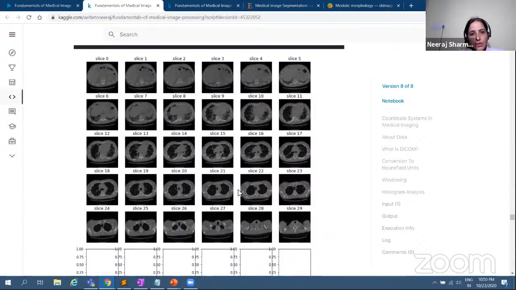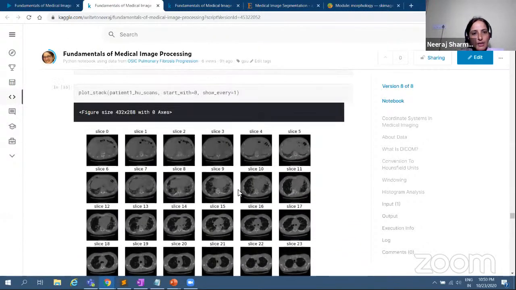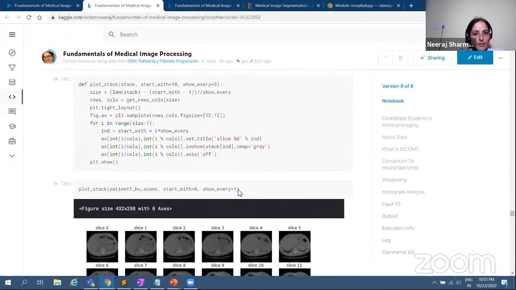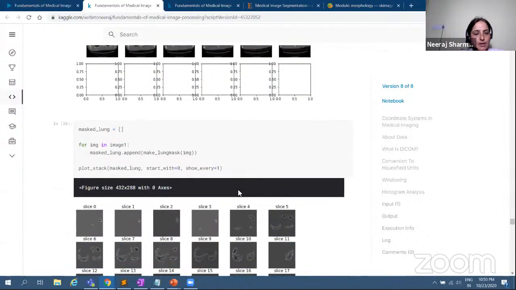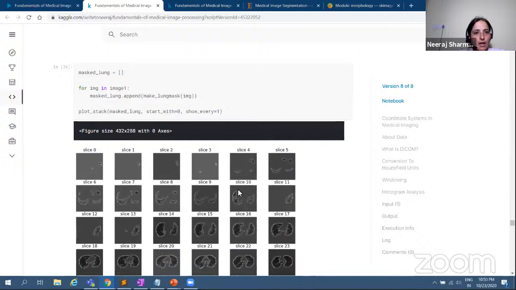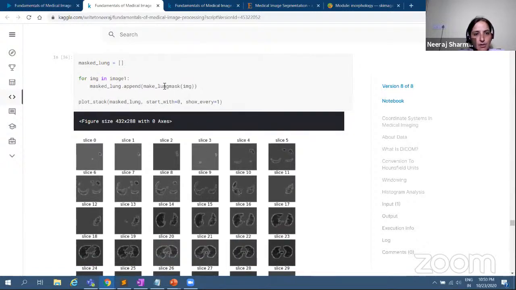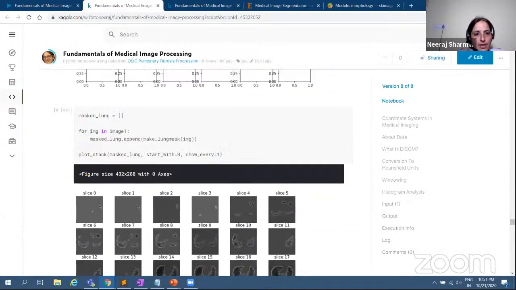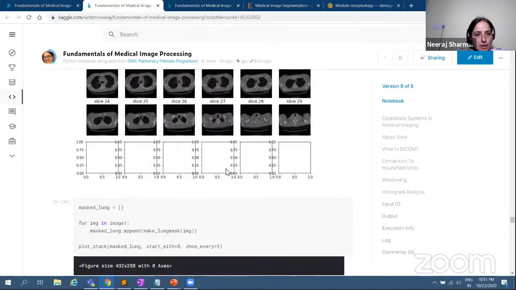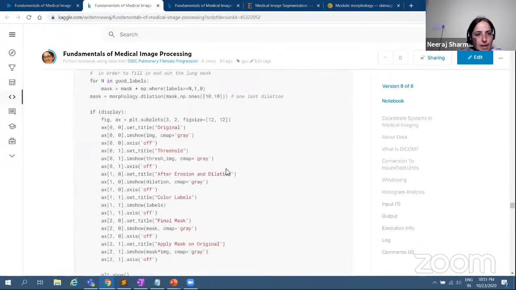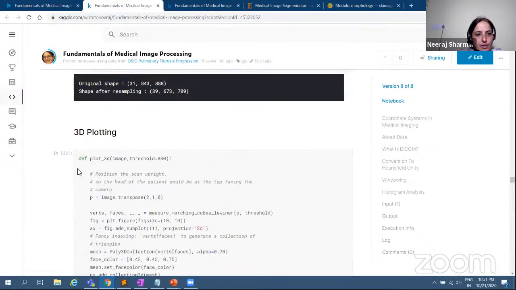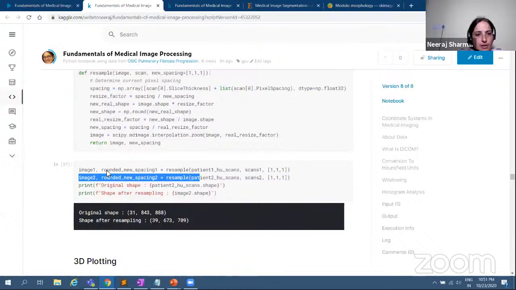This original stack, we got after the resampling and after converting it to the HU images, and this whole stack, we applied the segmentation to. Here, I have taken image one, and image one was the outcome of the resampling.